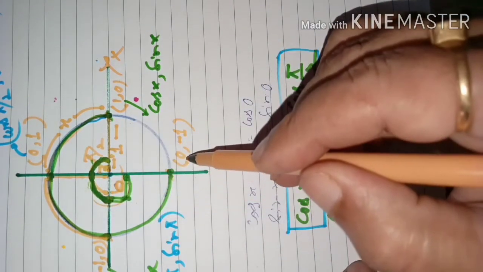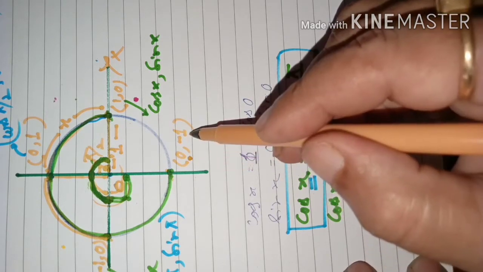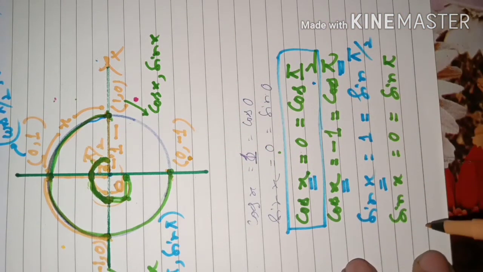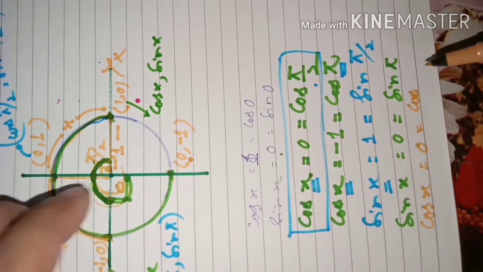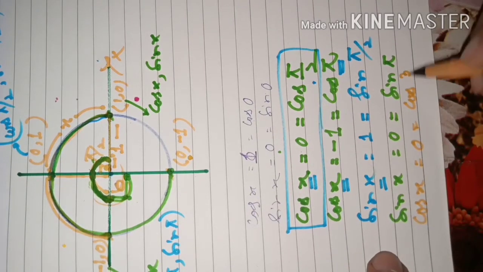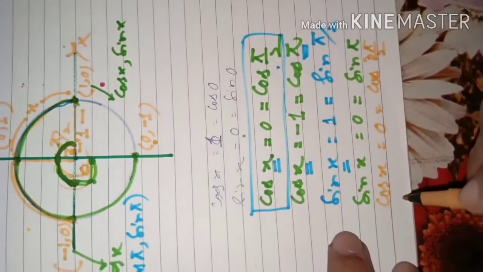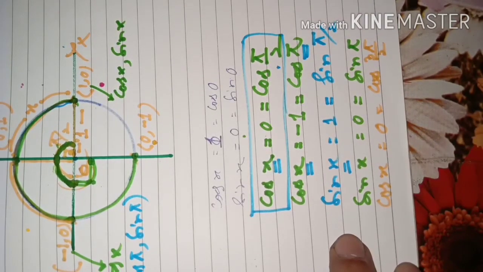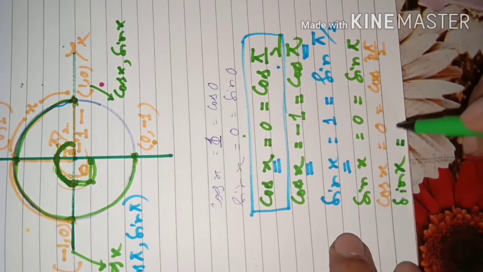What is the value of cos? Cos is 0, sin is minus 1. So cos x is again 0 when this x stands for 3 pi by 2, and sin x is again, what?